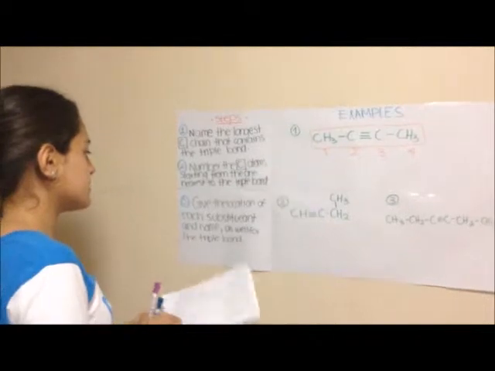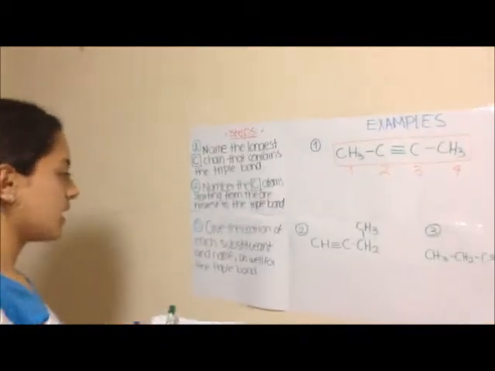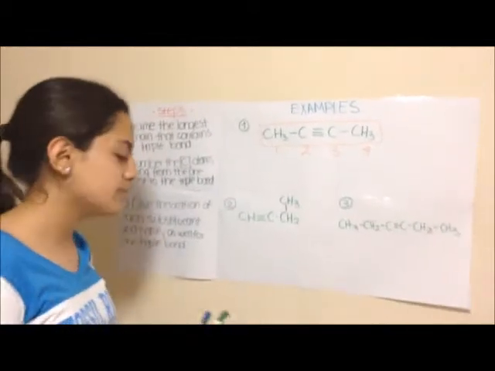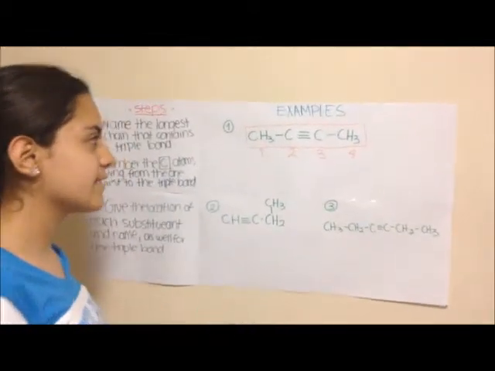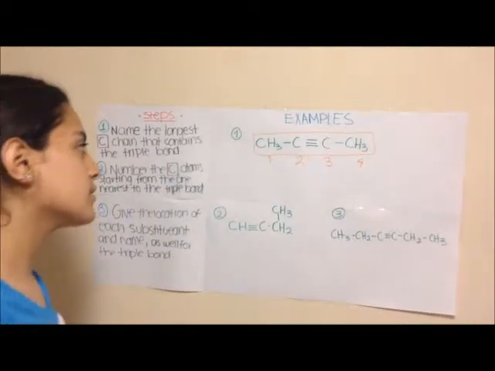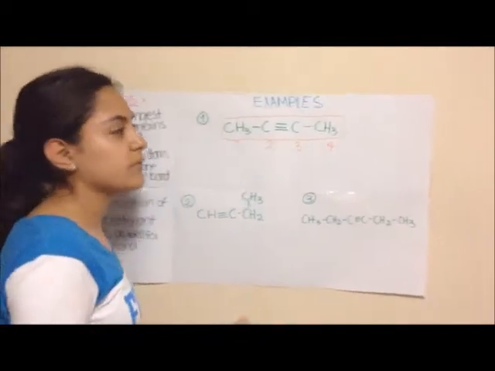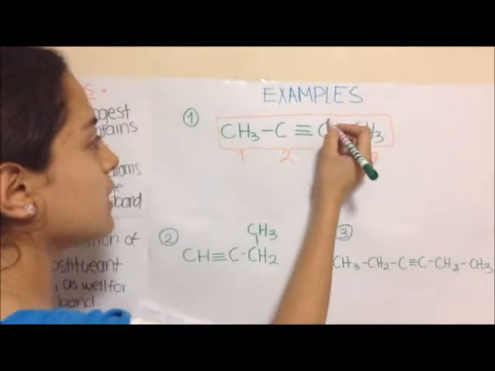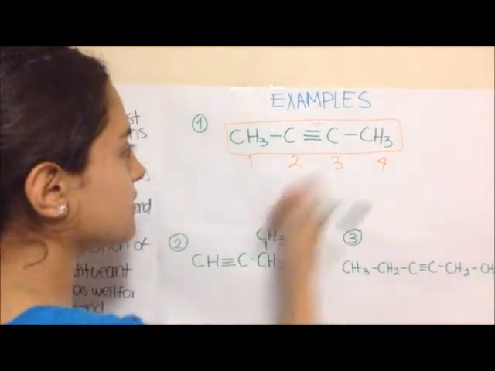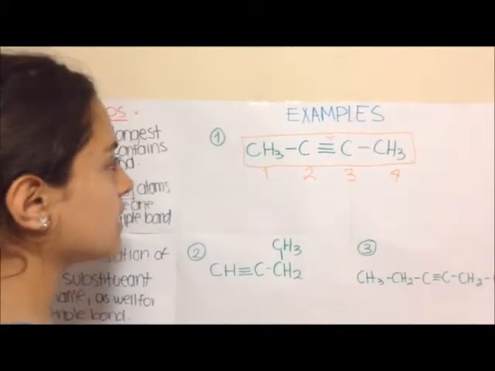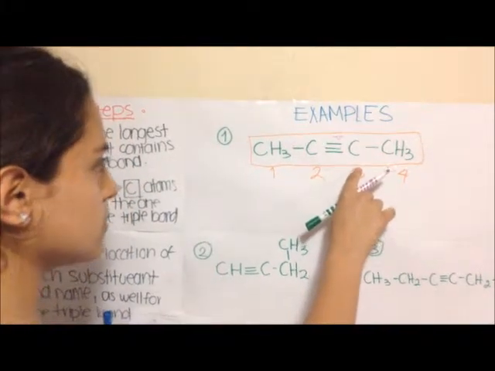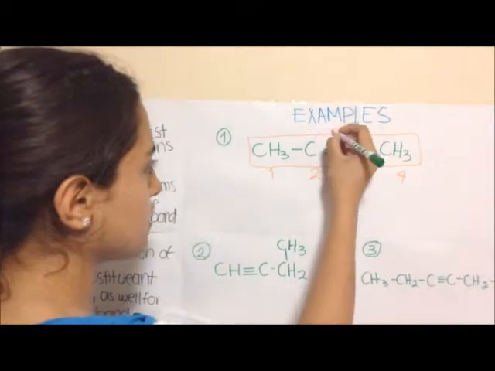Now you need to give the location of each substituent and name, and as well for the triple bond. In this case we don't have any alkyl group, so we're only going to locate the triple bond and the location and name using prefixes. Well, here the triple bond is in here, and this means that the triple bond belongs to number 2.